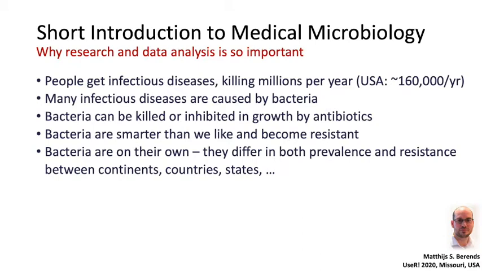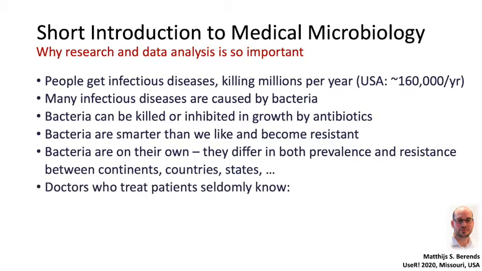They differ in both prevalence, so the kind of bacteria occurring in different places in the world, and also differ in resistance between countries and between continents and states, and maybe even more detailed geographic regions.